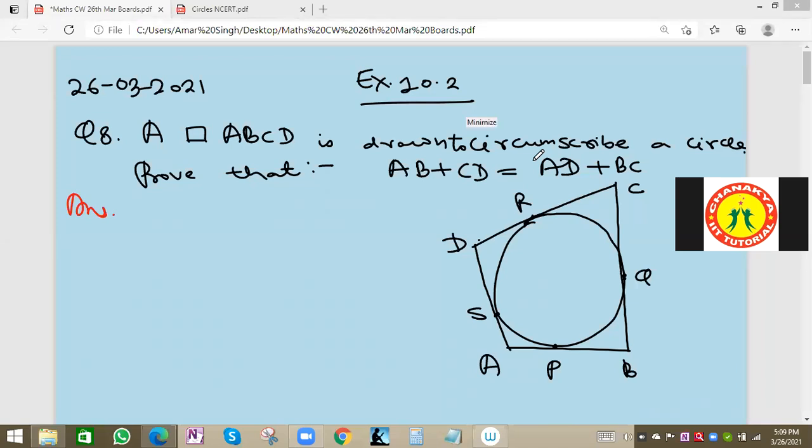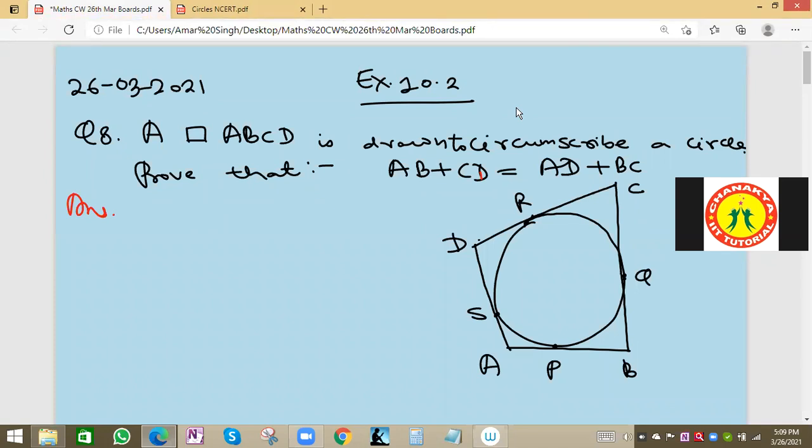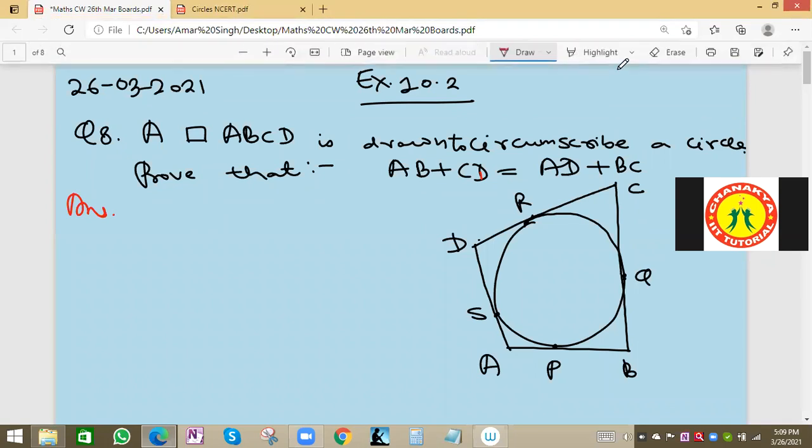You can solve it, and you can WhatsApp me individually. Send me the photo if you feel like it. Otherwise, if you got the answer, then it's fine, no problem. Here we'll see.